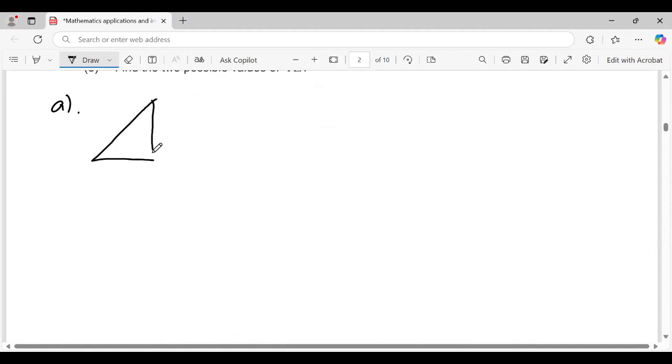This is MT, and this side is 3.4, and then this side is 2. So MT equals square root of 3.4 squared minus 2 squared.